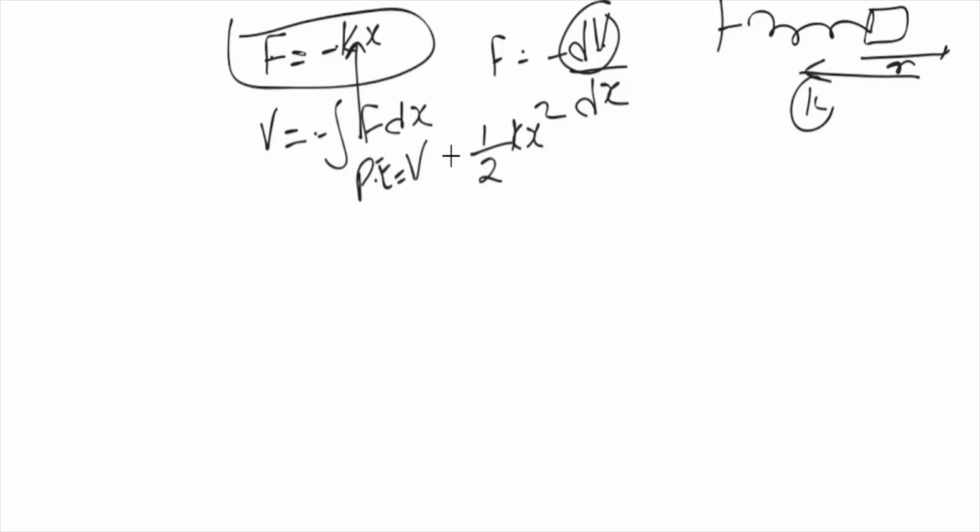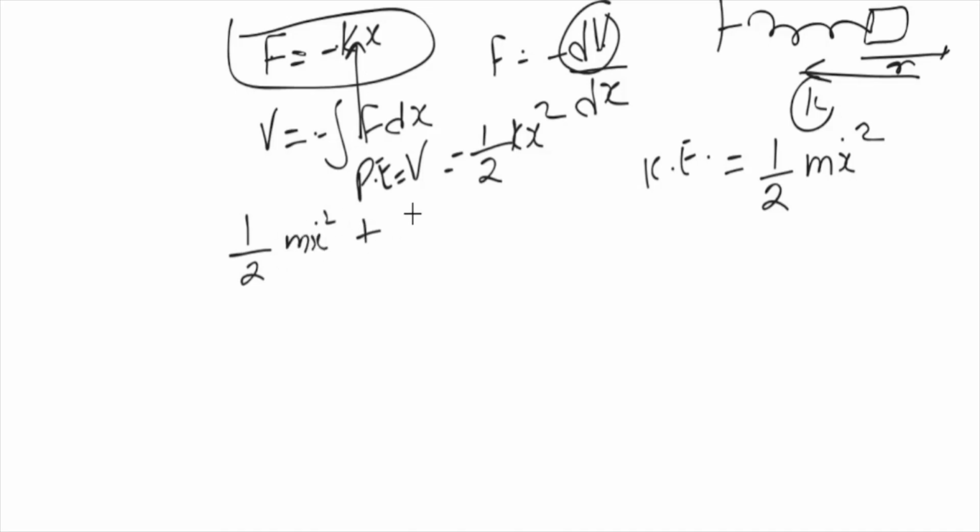And we know the value of the kinetic energy: kinetic energy is equal to half m x dot square. So total energy is equal to half m x dot square plus half kx square. For simplicity, we can take m is equal to 1, k is equal to 1.